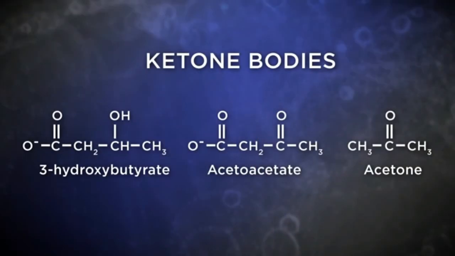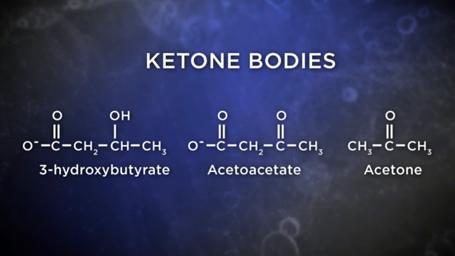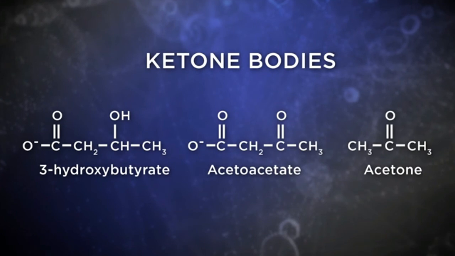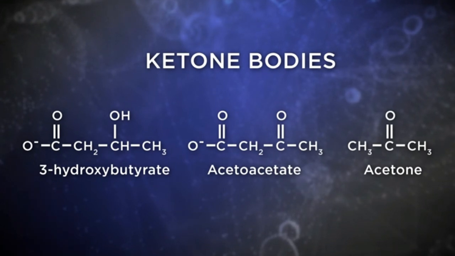The keto part of the name is short for what are known as ketone bodies. Now, ketone bodies are molecules produced by the liver when it uses fats as an energy source, when glucose and other energy sources are not available. The body would normally use glucose, but the low carbohydrate intake on this diet does not provide enough of it.